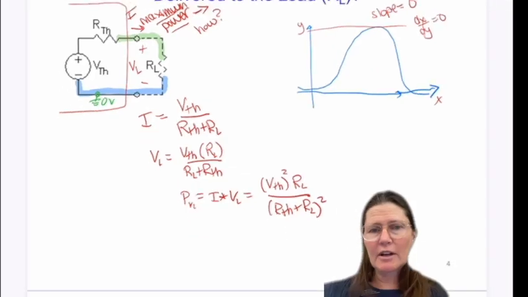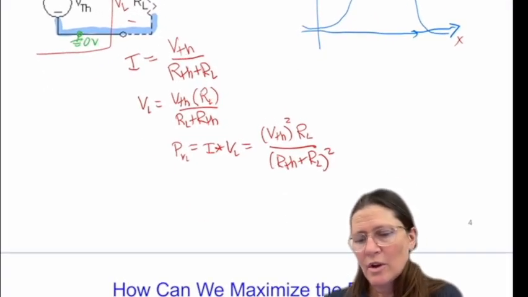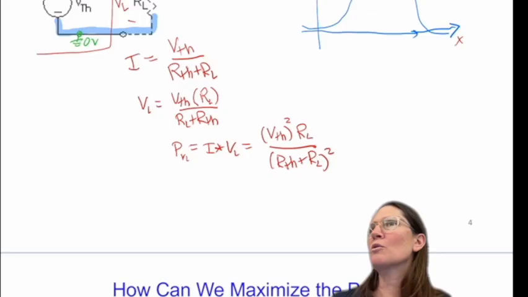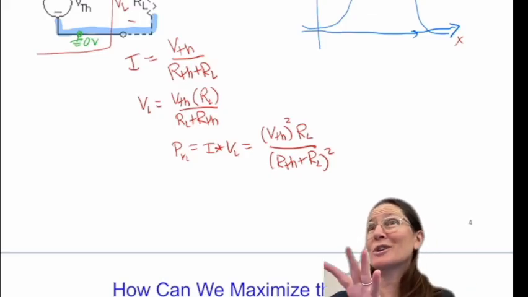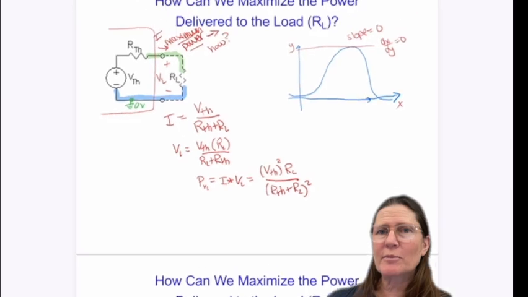So the same idea is, to deliver the maximum, we need to know RL and RTH, or we know RTH values. We need to know what that load value would be. So we're going to take that same concept, take the derivative.